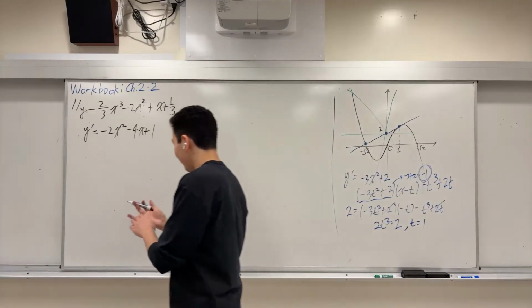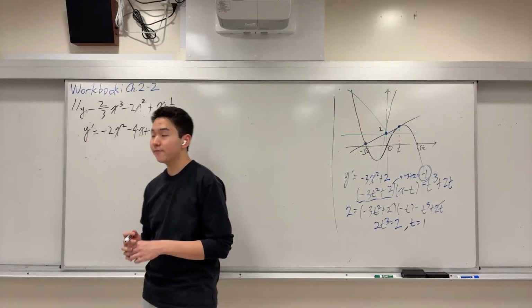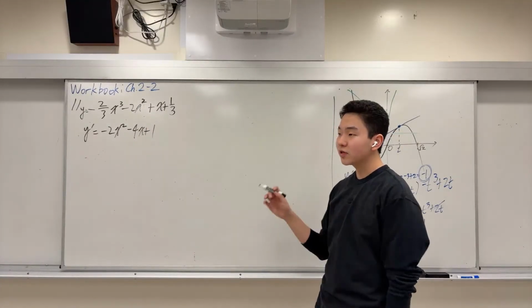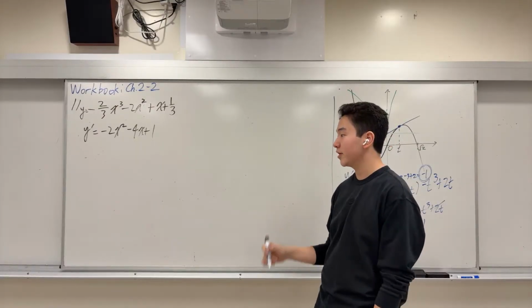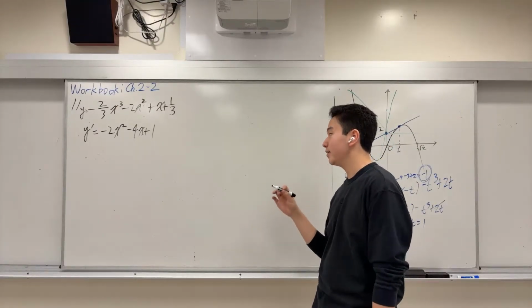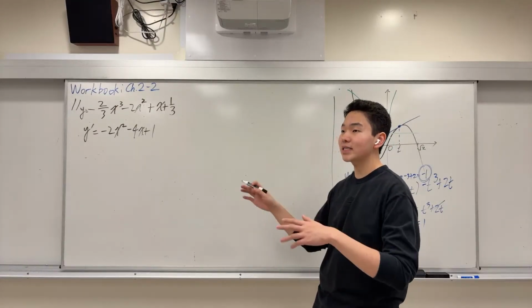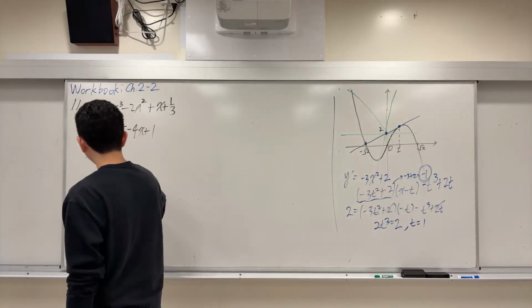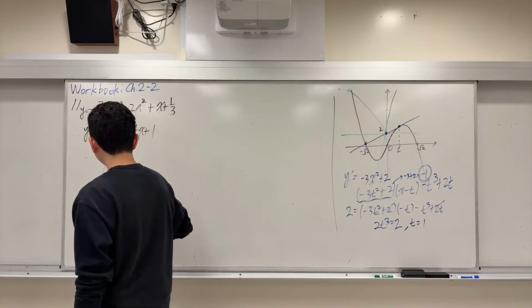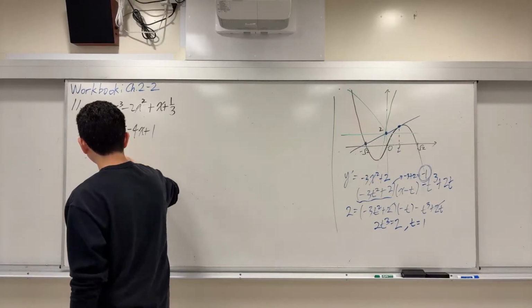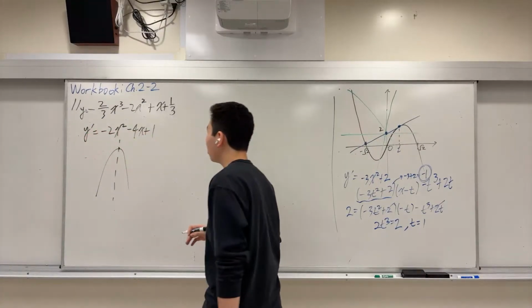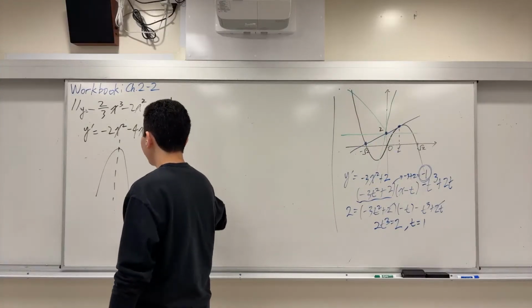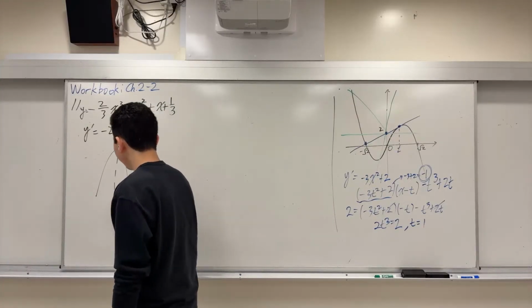So remember, when analyzing quadratics, the most important feature is its axis of symmetry, because the vertex will be on the axis of symmetry, and the vertex is the key to finding the global maximum and minimum of a function. So the maximum value of this function, it's going to be a parabola that is concave down. So our axis of symmetry would be negative b over 2a. So it would be 4 over negative 4, which would be negative 1.